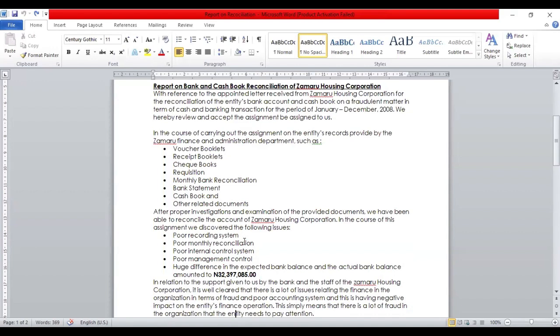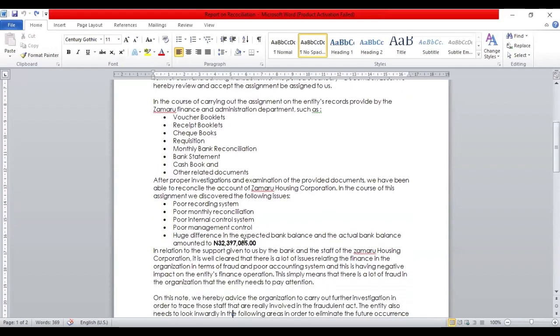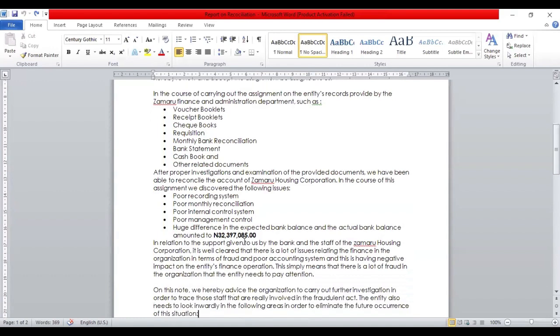This simply means that there is a lot of fraud in the organization that the entity needs to pay attention to. On this note, we hereby advise the organization to carry out further investigation in order to trace those staff that are really involved in the fraudulent acts.